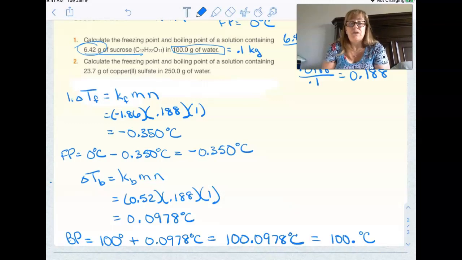This amount of sugar dissolved in the water doesn't change the boiling point enough. Something to keep in mind. All right, so that's how you would do it. Now, I want you to stop this video. I want you to go ahead and work out number 2 and then come back and check your answers.